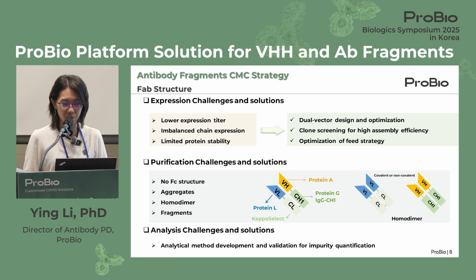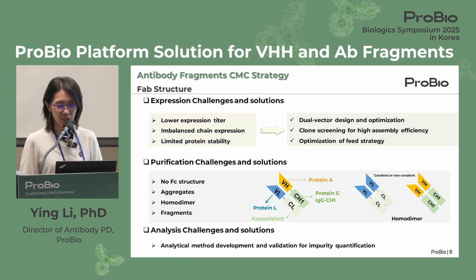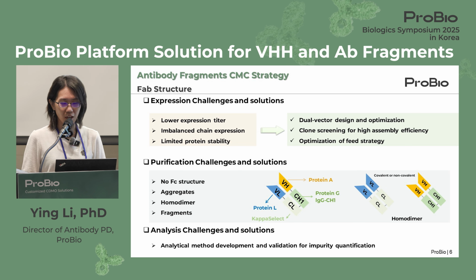So we sometimes see overexpression of, for example, the light chain, hence the formation of some homodimer species and limited protein stability. Therefore, we optimize our upstream expression platform utilizing a dual vector design and optimization, keeping in mind during early stage cell cloning high assembly efficiency, and optimize the upstream feed and temperature control strategy to maximize its expression level.